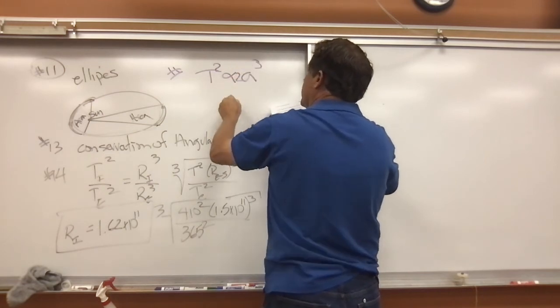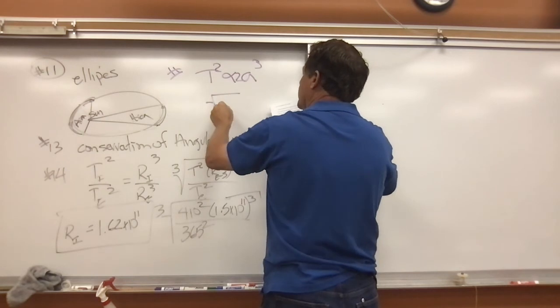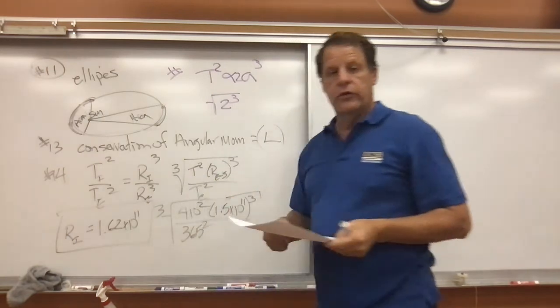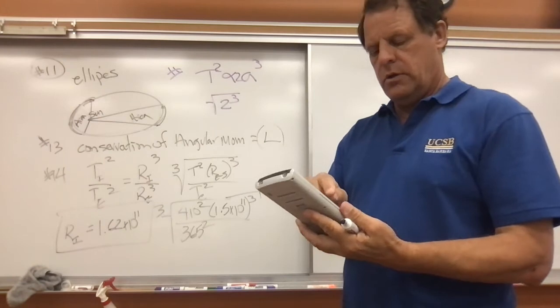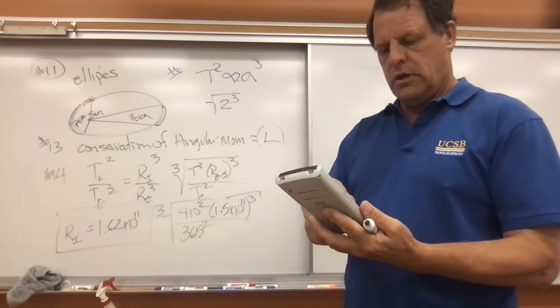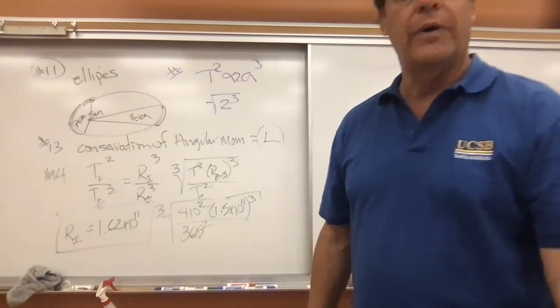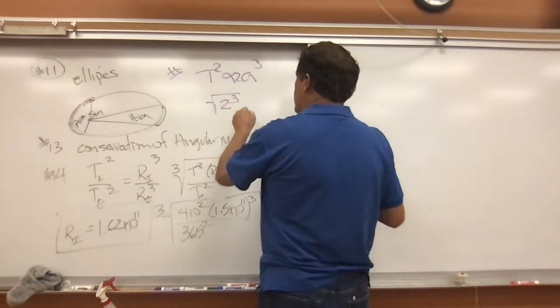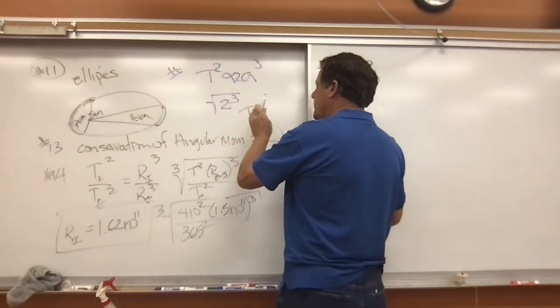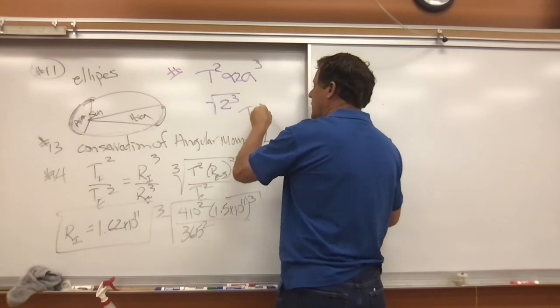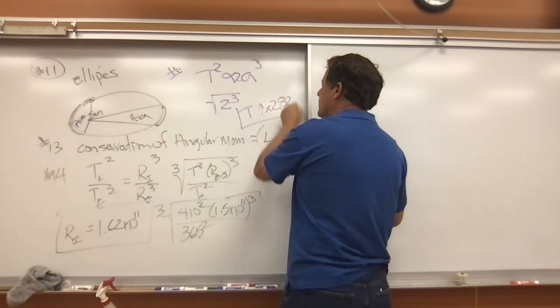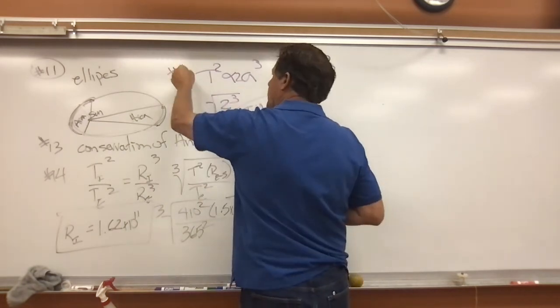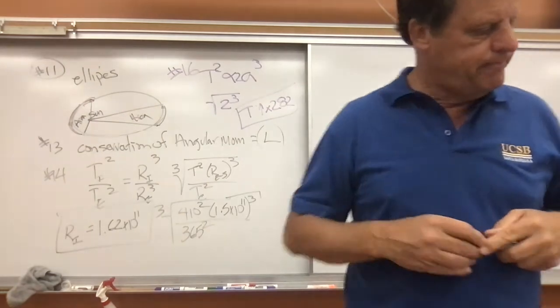If we double this, we get the square root of 2 cubed, the square root of 8, which is about 2.8. So the period would go up by a factor of 2.82. So 2.82 times greater. All right.